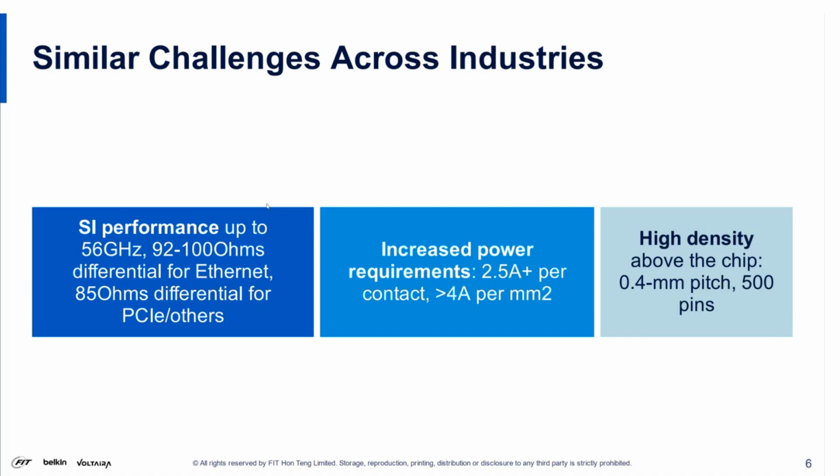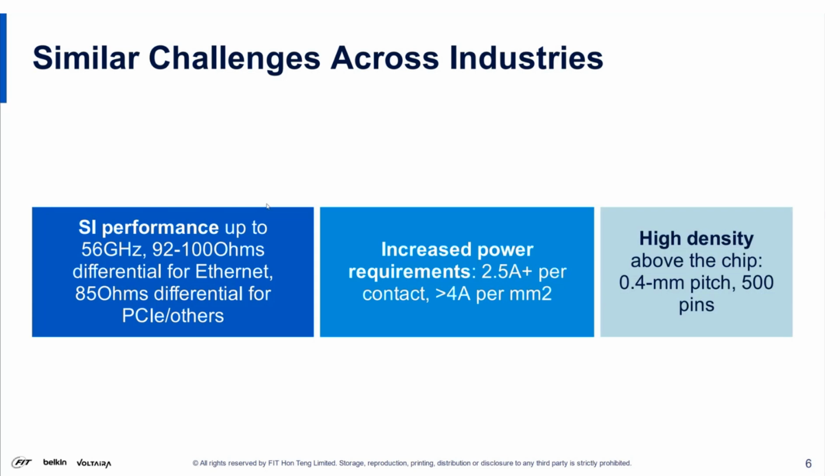Okay. Power, everything's becoming more power hungry. So we are seeing an increase in power demand where things are going. The current ratings we see are anywhere from 1 to 2 amps, but now we're seeing growth beyond 2.5 amps per contact, or say per pad, if you will, or per pin, with some industry customers looking at a power per millimeter square above 4 amps.